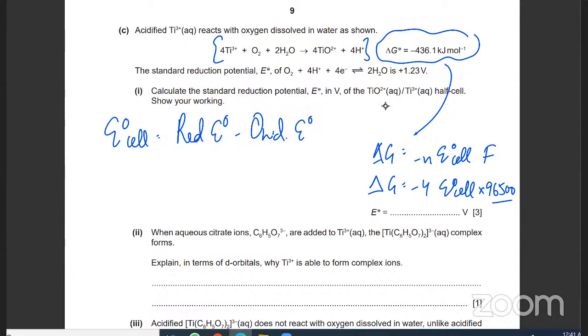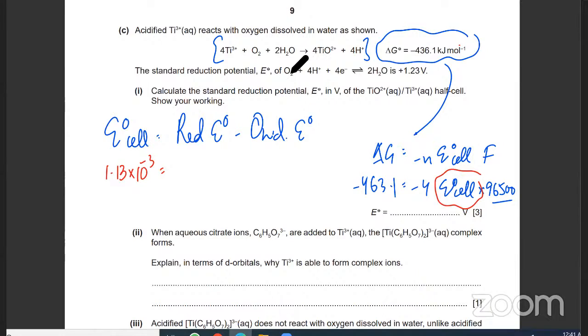As a first thing, can you tell me what the E naught cell is coming out to be? The delta G is minus 436.1. 1.13 into 10 to the minus 3.